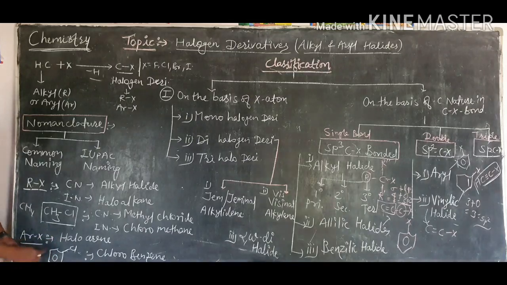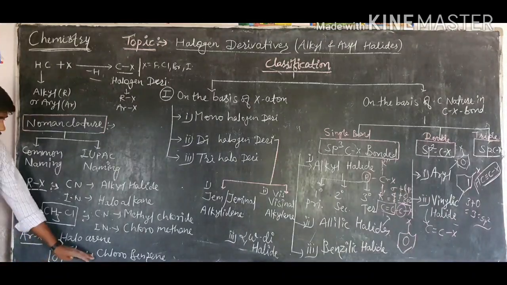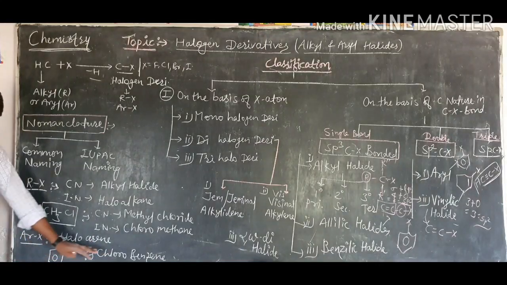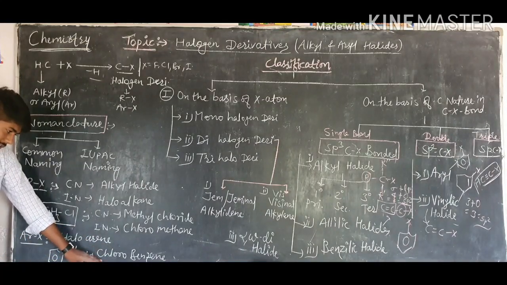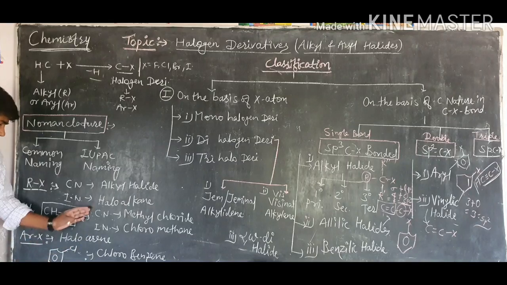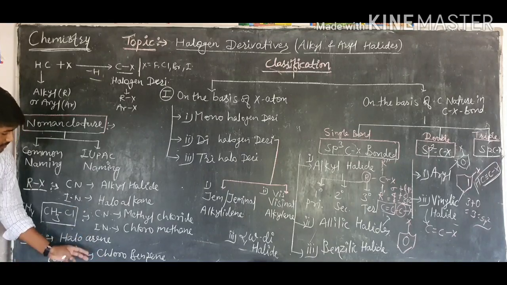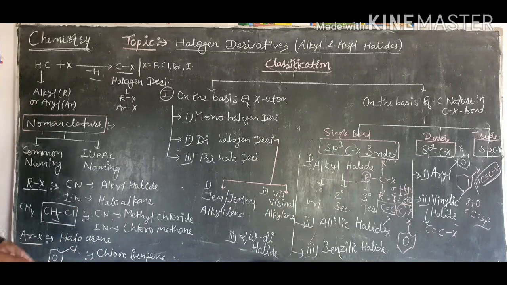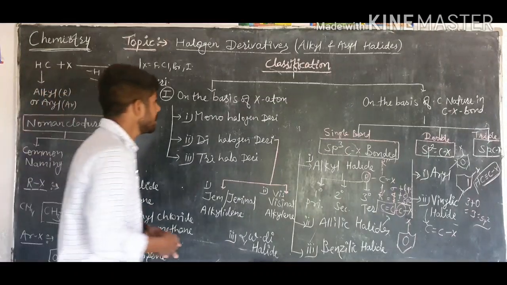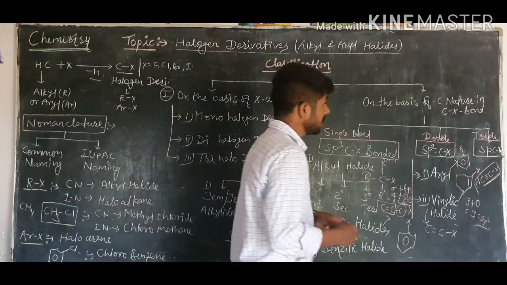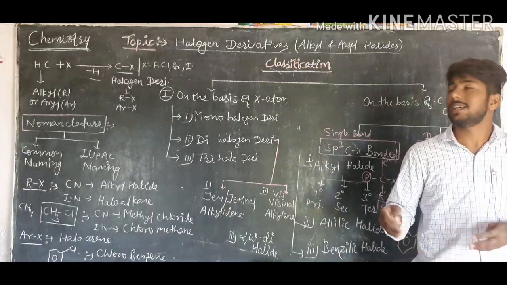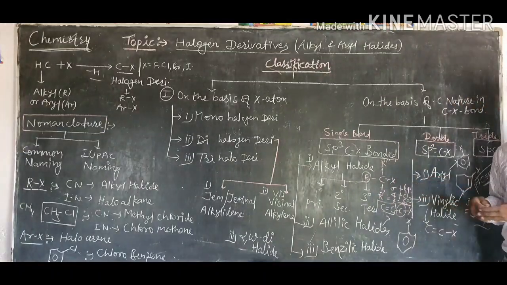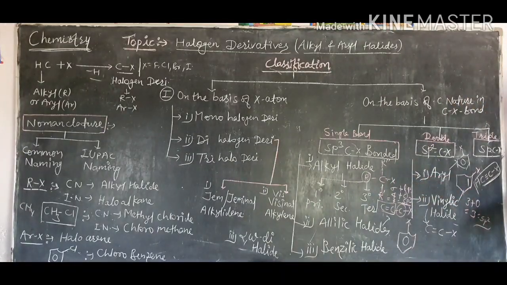For example, benzene attached with chlorine, we can say this is chlorobenzene. In IUPAC naming it is chlorobenzene, and in common naming it is chlorobenzene; in both naming it will be chlorobenzene. Other examples and the full description of classification we will discuss in another class.